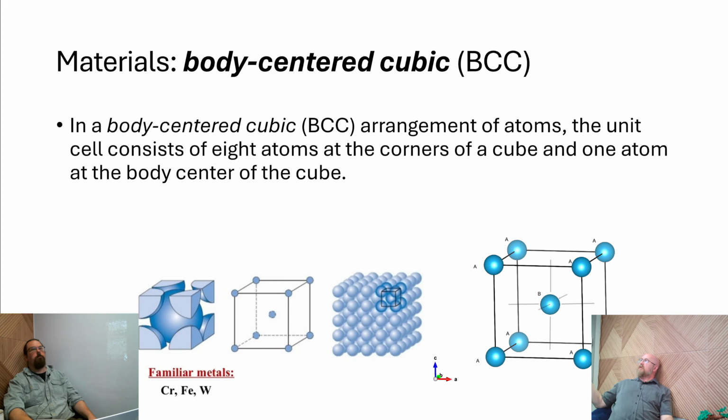So these models tell you a little bit more about what's going on here, particularly the one on the left. This is for body-centered cubic, and you'll see that it's got essentially an eighth chunk of 8 different atoms, centered on one atom.